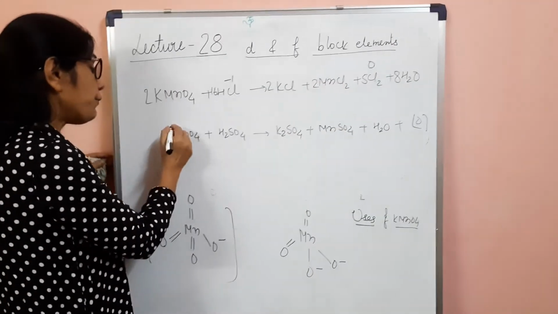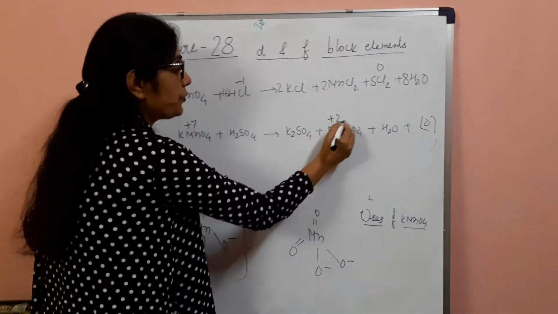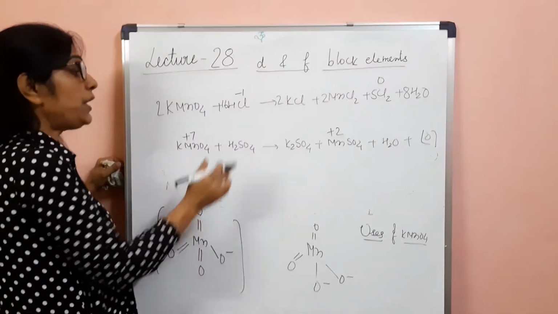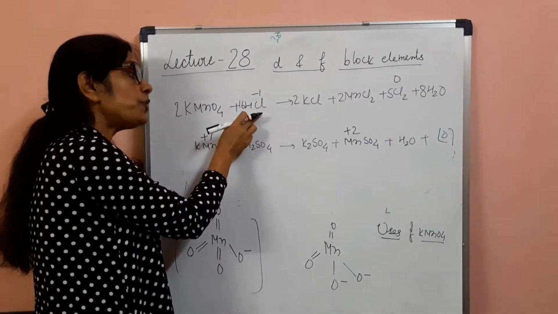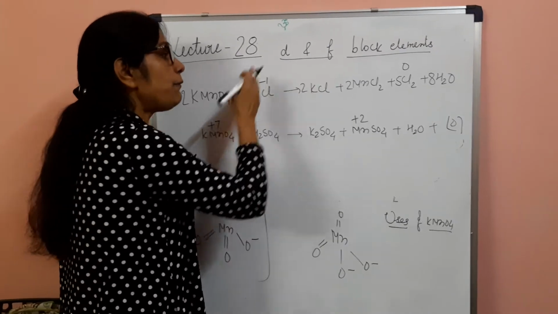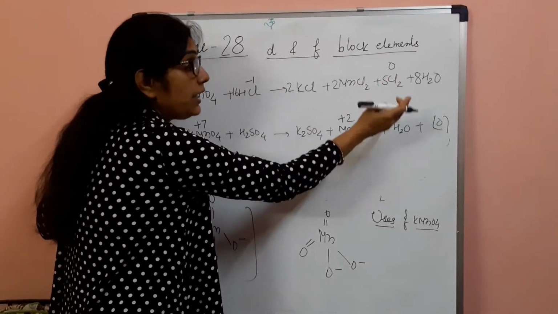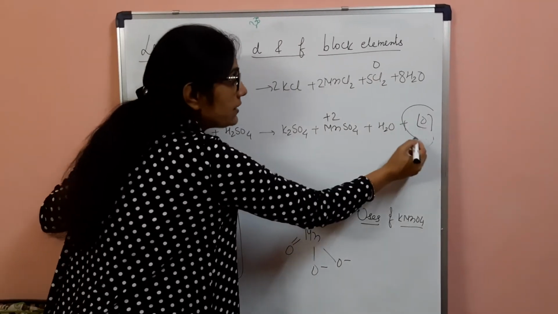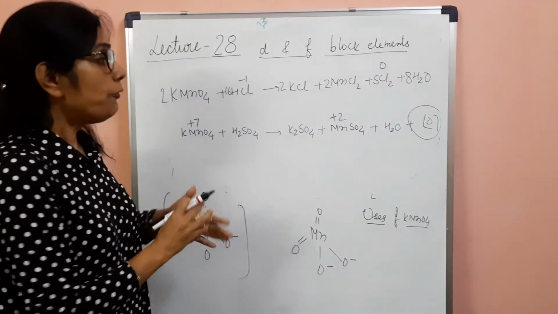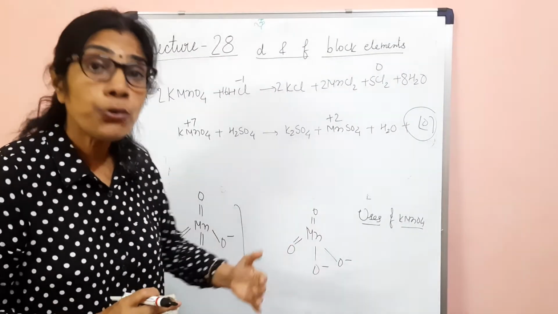Now you can see from +7 to +2, reduction occurs. But if you use HCl, HCl itself oxidizes to chlorine. And in the presence of sulfuric acid, we get nascent oxygen for the further oxidation to take place.